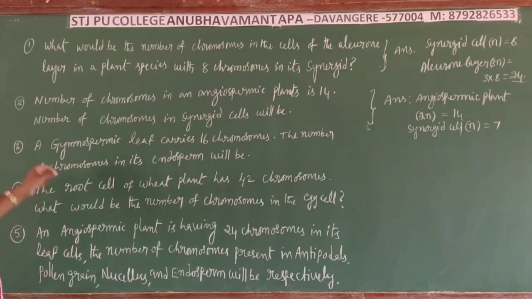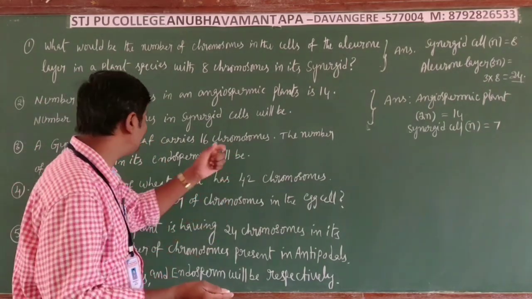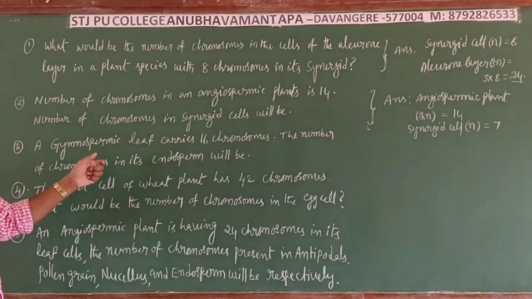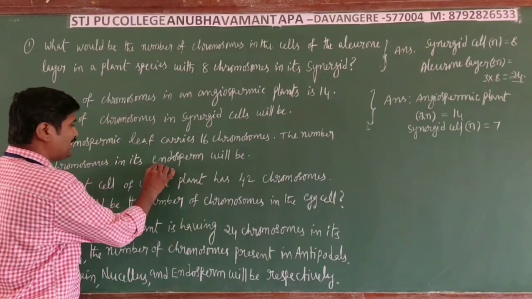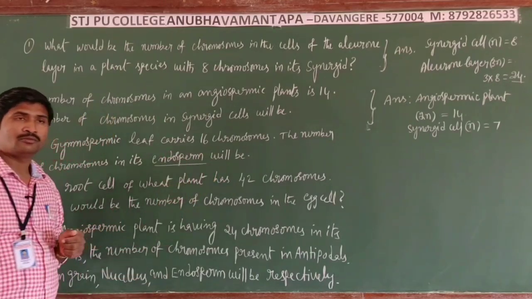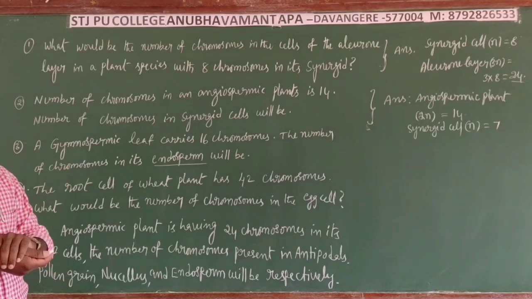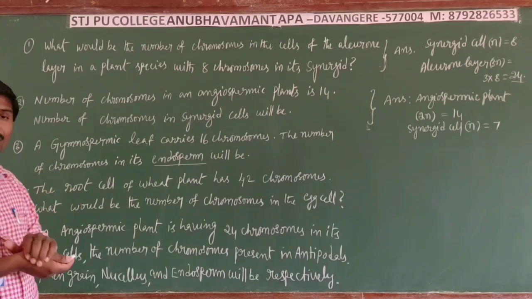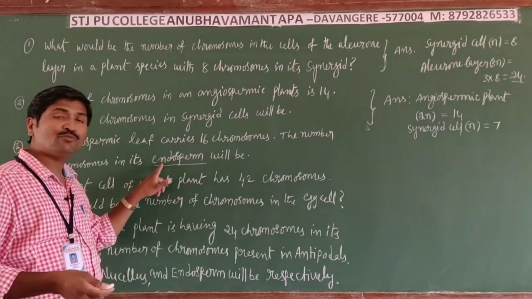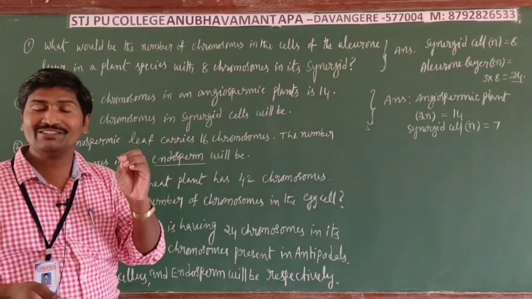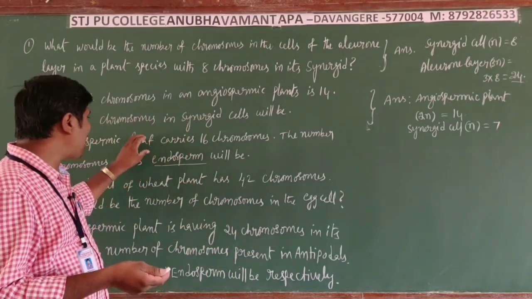Third question: A gymnospermic leaf carries 16 chromosomes. The number of chromosomes in its endosperm will be? It is very important. It is not an angiospermic plant; here a gymnospermic leaf is mentioned. Even in gymnosperms the sporophyte is diploid, but the endosperm is haploid.